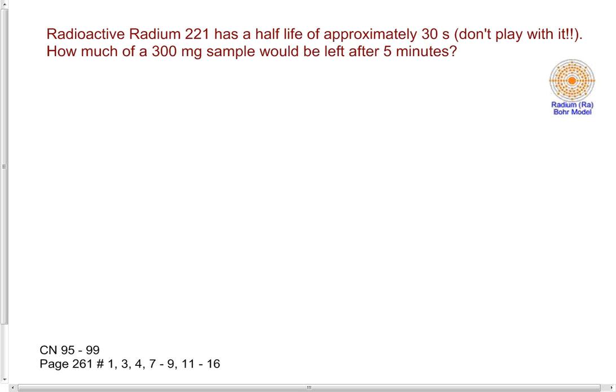Radioactive radium-221 has a half-life, so they're not talking about a percent, of approximately 30 seconds. How much of a 300 milligram sample would be left after 5 minutes? So we want to know amount of radium. We start with 300, so that would be my initial value. I need a rate of growth here.